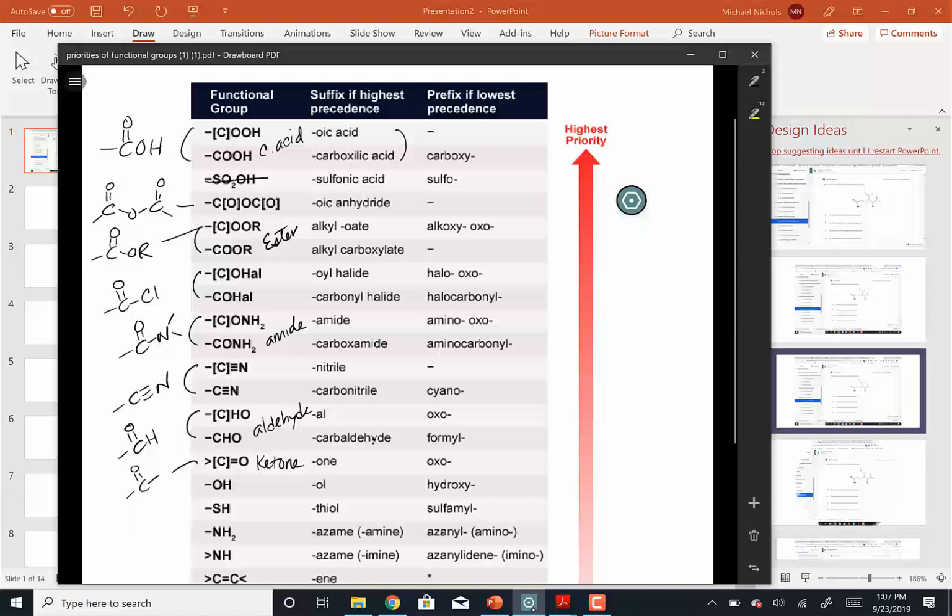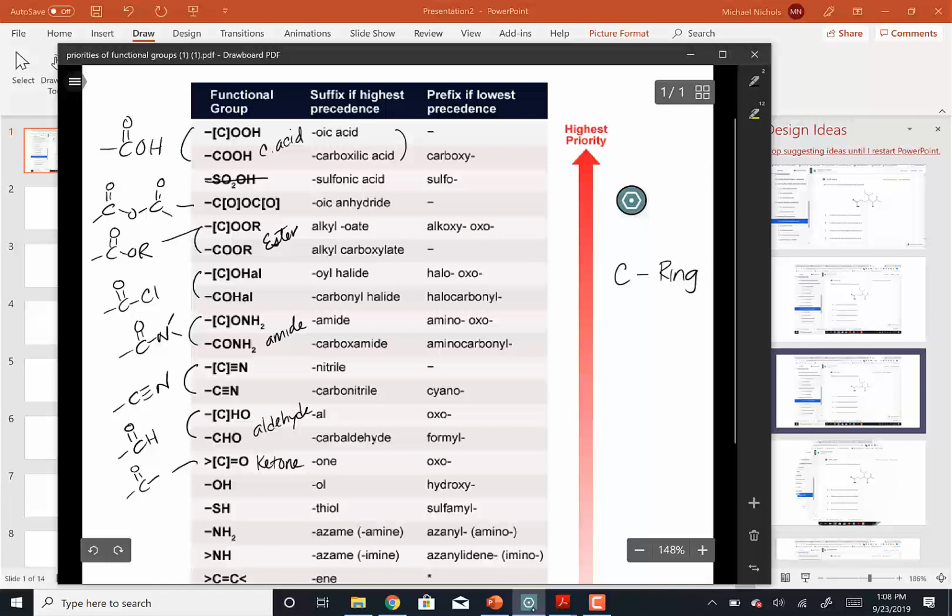So then what about the brackets? Let me just use the carbaldehyde as my reference point here. The non-bracketed form means that it is a ring.